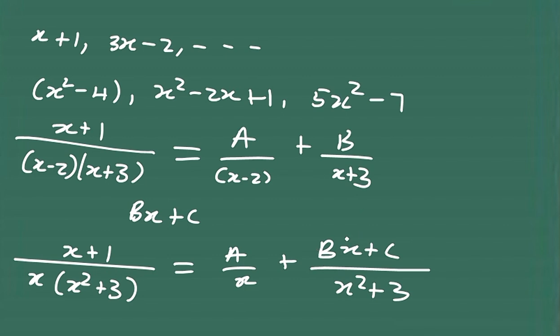So let's take an illustrative example and see how we can find the values of a, b and c. We have a question: 4 all divided by x plus 1 times 2x squared plus x plus 3.